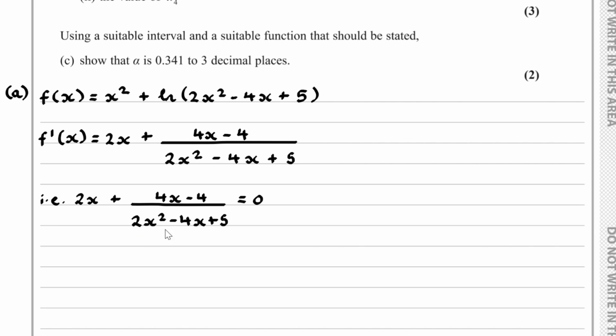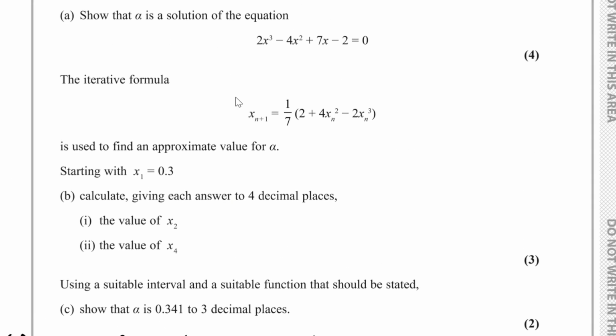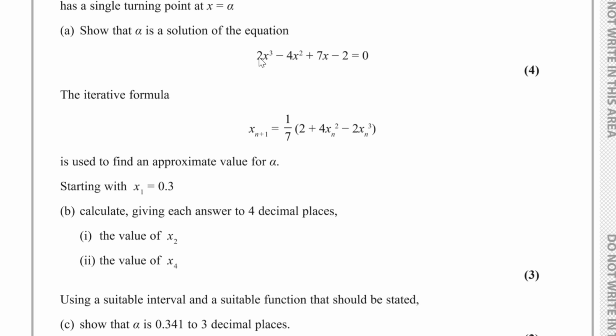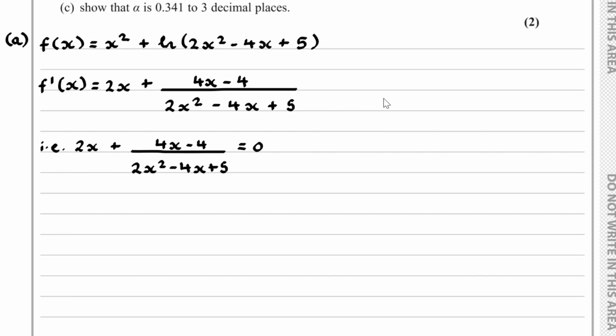If we attempt to simplify all this and write this in the required form, we have 2x lots of 2x squared minus 4x plus 5 plus 4x minus 4, and this is all equal to 0.